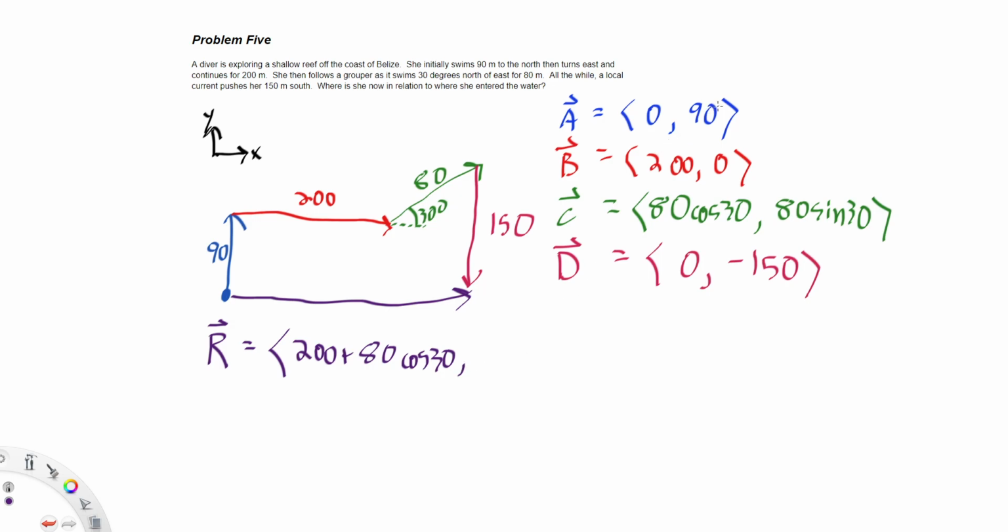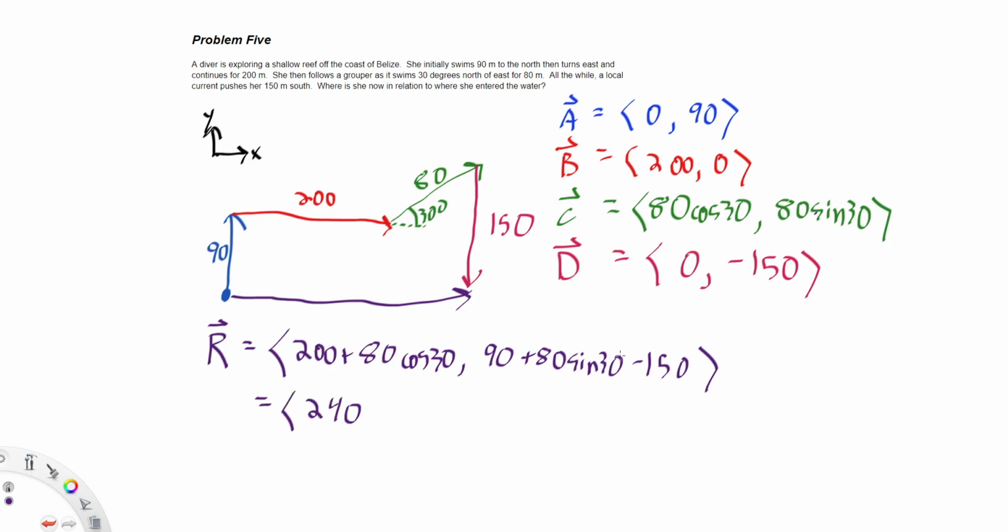The y part is going to be 90 plus 80 sine 30 minus 150. Of course, 80 cosine 30 and 80 sine 30 are just numbers. So cosine of 30 is a half. So this x part is 240.